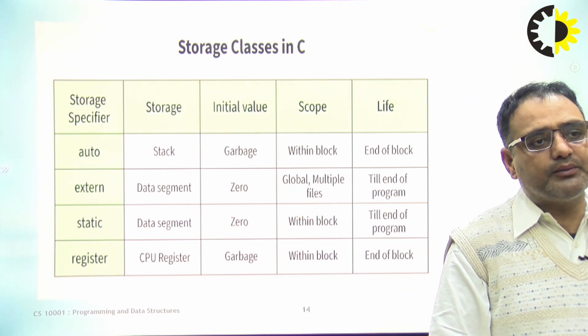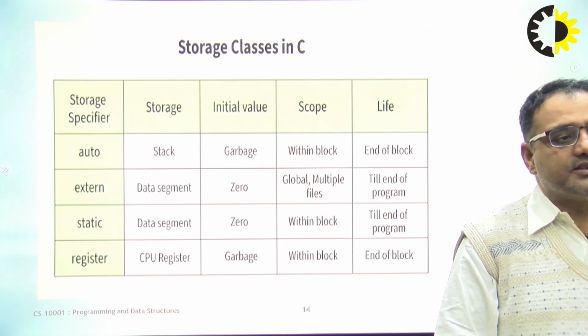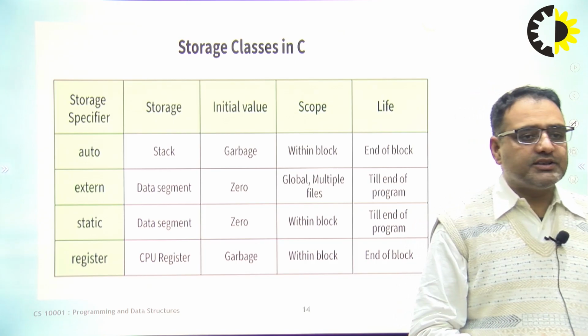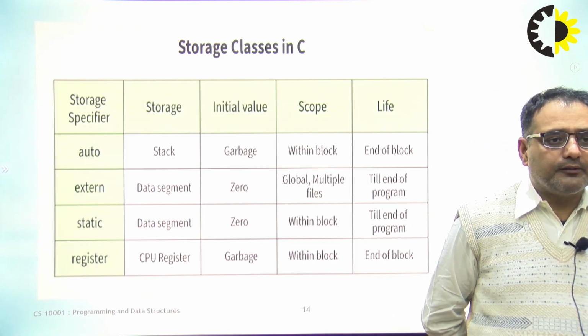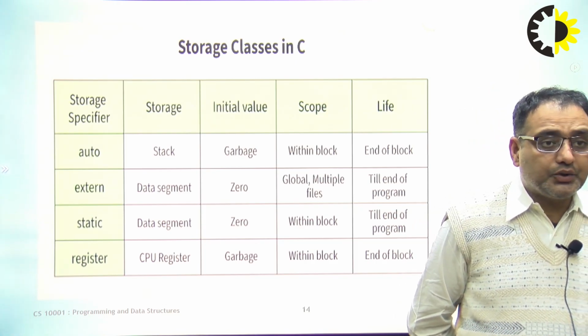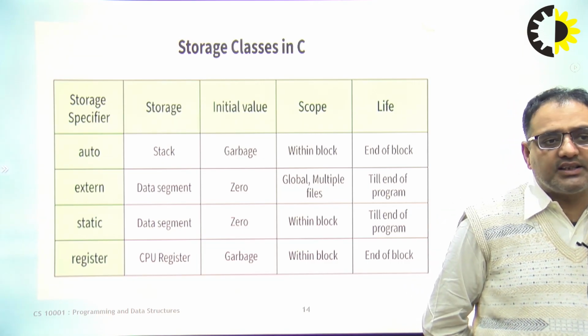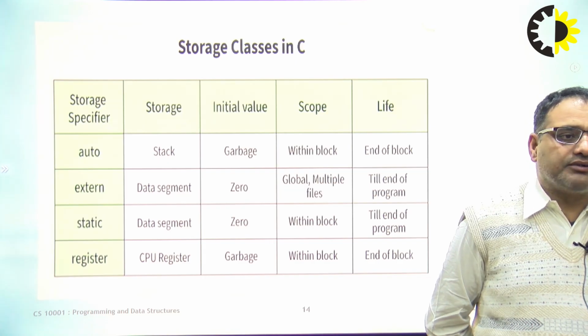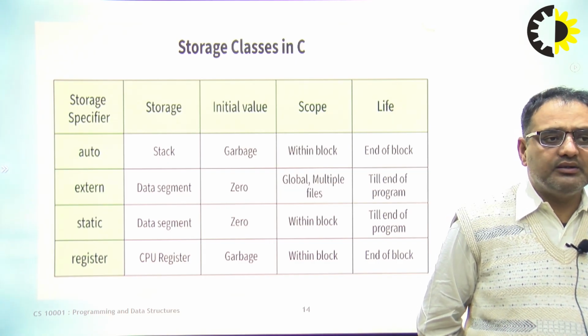Within a block means auto, static and register, in the case of the global, and register end of the block, but extern and static last till the end of the program, and the default initial value is 0. Auto and register have garbage.